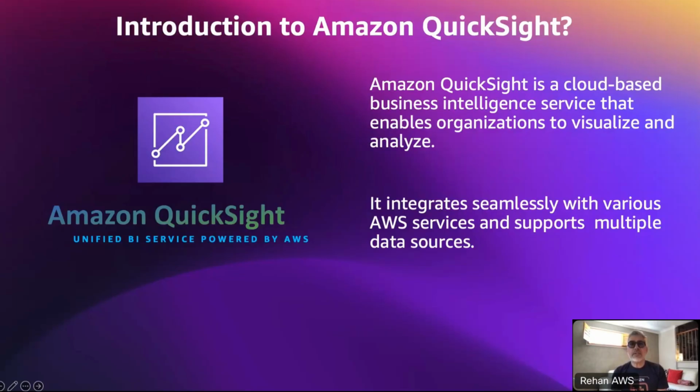And one of the main attractive features of QuickSight is that it integrates seamlessly with various AWS services and supports multiple data sources. So it natively integrates with services such as S3 and ingests data from external sources such as Salesforce. And that's just how it fits into the whole ecosystem of the modern data architecture. But we'll look at that in the future slides.